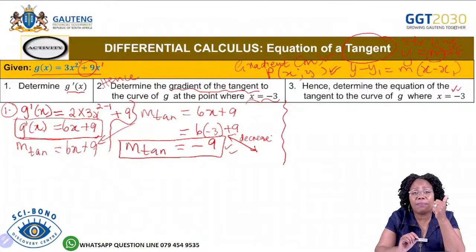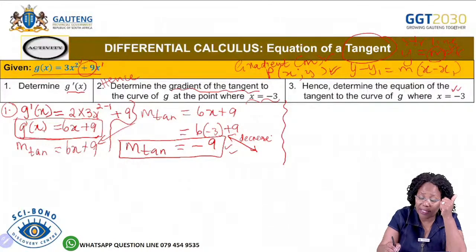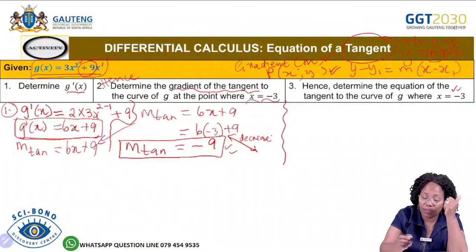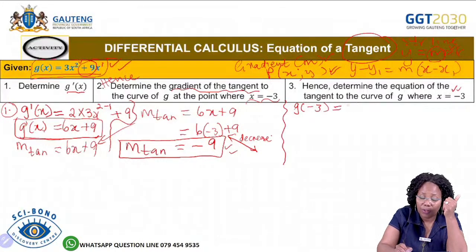Right, let's look at the y value now. We can take this x and substitute into the original equation. So that will be G at -3 from that equation, equal to 3 into -3 squared plus 9 into -3.